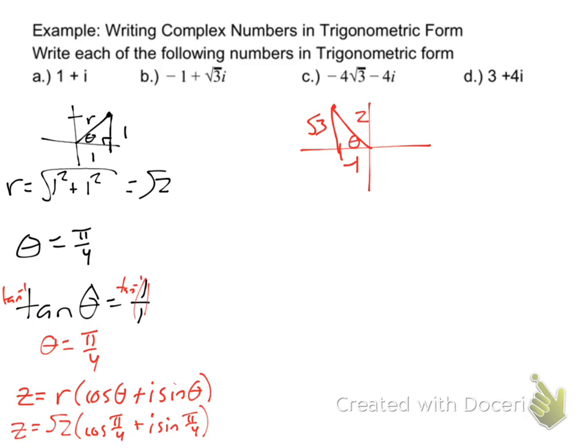There's theta. Theta would be what? If you don't know, just say theta is equal to the inverse tangent of square root of 3 over 1. Oh, wait a minute, Mr. Konchak, that's a negative 1. Why didn't you use negative 1?